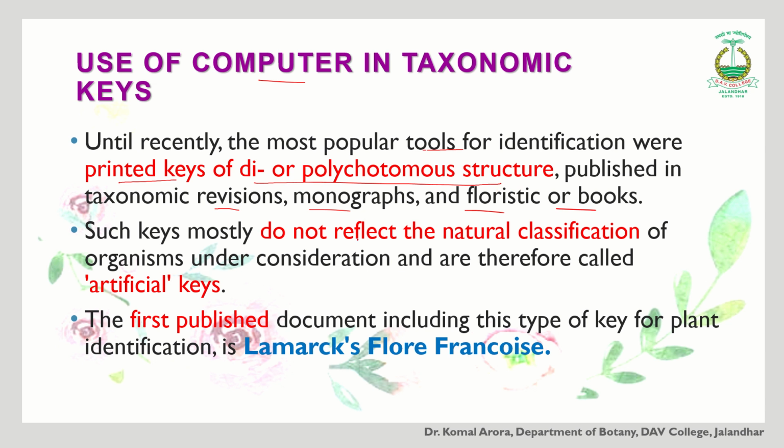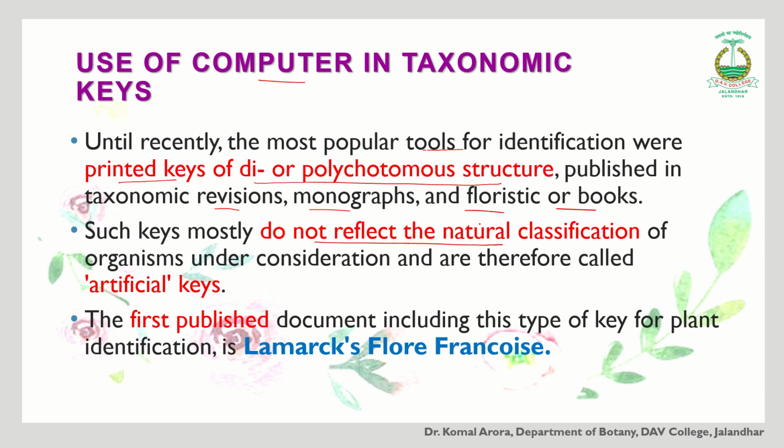Now, such keys mostly do not reflect the natural classification. I told you to memorize the difference between artificial, natural, and phylogenetic classification. Natural means that whatever information is there regarding different whorls of the flower, regarding the vegetative structures, all that information is considered while classifying the organism.